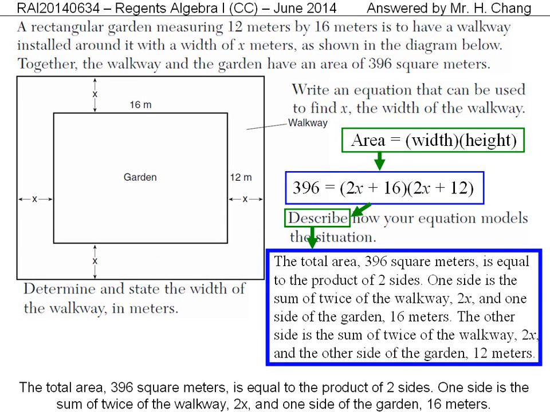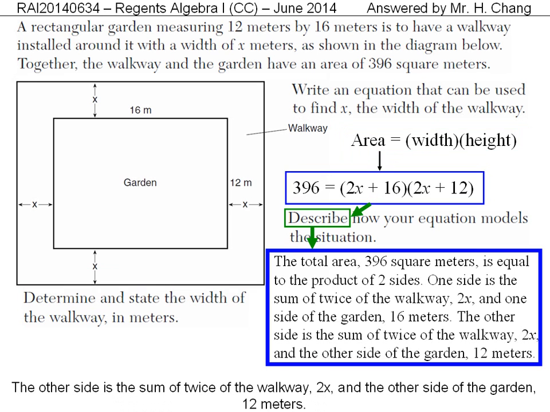One side is the sum of twice the walkway, 2x, and one side of the garden, 16 meters. The other side is the sum of twice the walkway, 2x, and the other side of the garden, 12 meters.